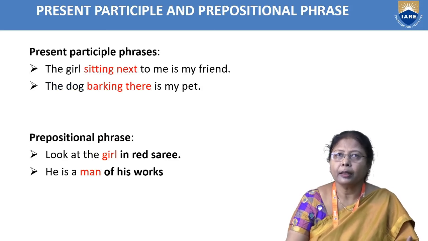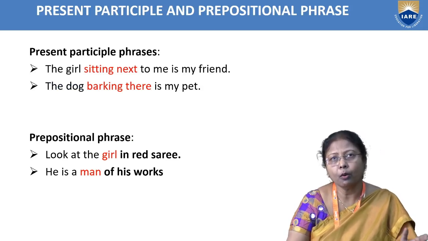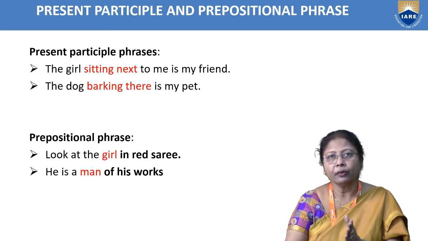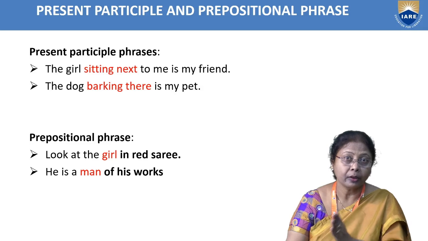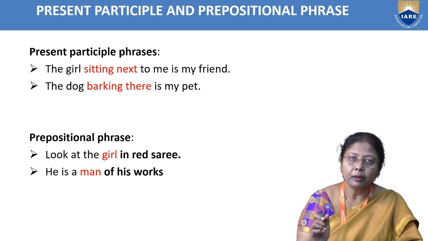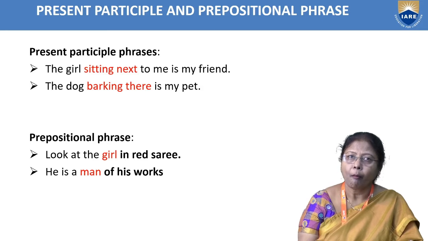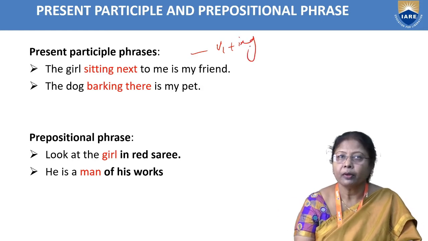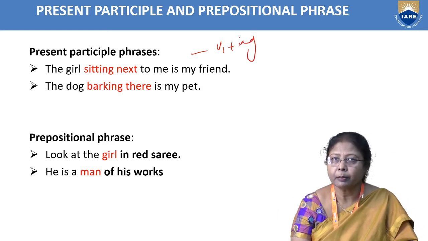And the next one is present participle and prepositional phrases. How does a present participle act as a post-modifier after the noun? See here, what is a present participle? Already we have discussed, V1 plus ing form. V1 plus ing form is a present participle.